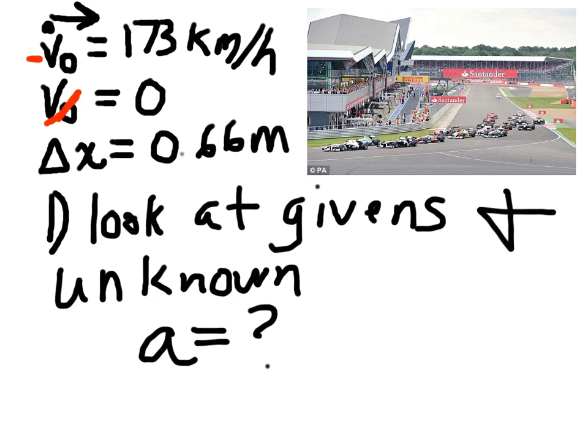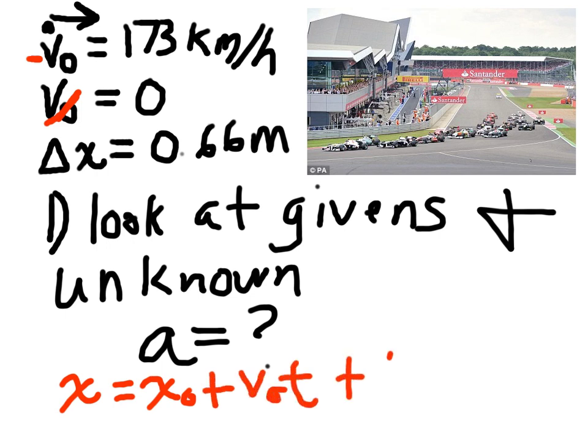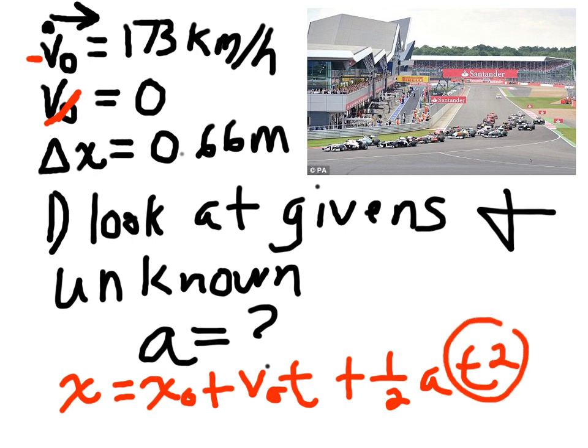So we're given the final velocity. I would have to know the time he traveled, and I don't know that. So notice that my favorite equation, x equals x naught plus v naught t plus 1/2 at squared, I would have to know time in order to get acceleration, and I don't know time.